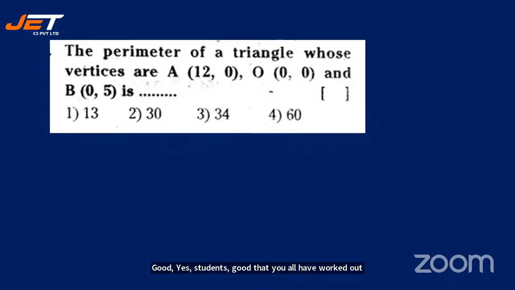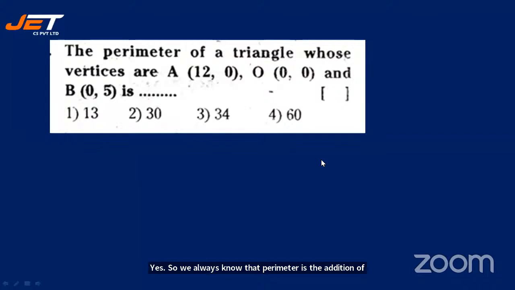The perimeter of triangle whose vertices are 12, 0, 0, 0, and 0, 5 is dash. So we always know that perimeter is the addition of all the sides, isn't it?